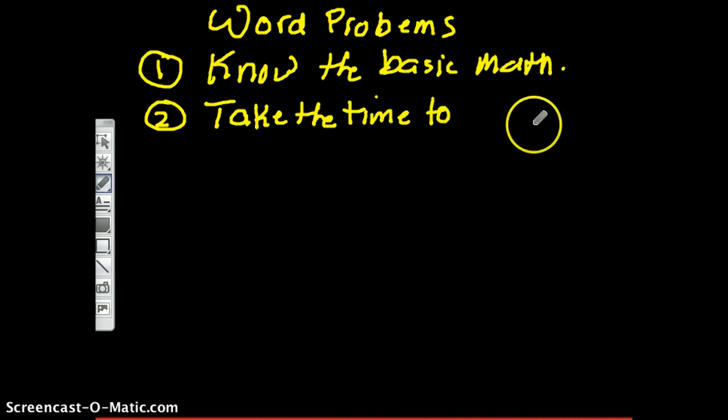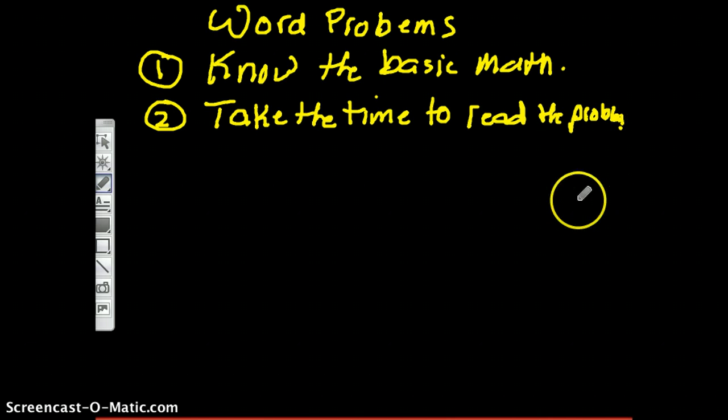The second step: we must take the time to read the problem. Now, notice how I'm saying that. I'm saying take the time. It takes time, okay? If you are reading and rereading and rereading a word problem, that in my mind is a sign that you're trying too fast.